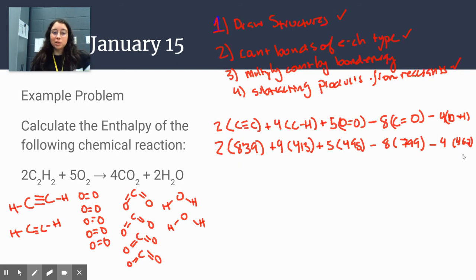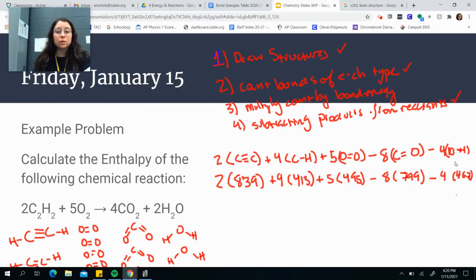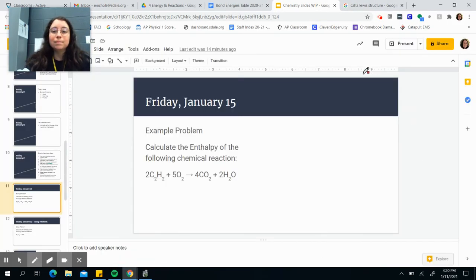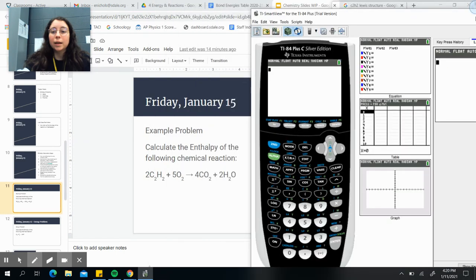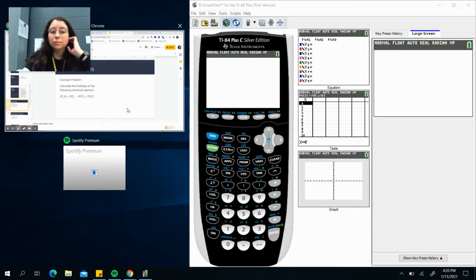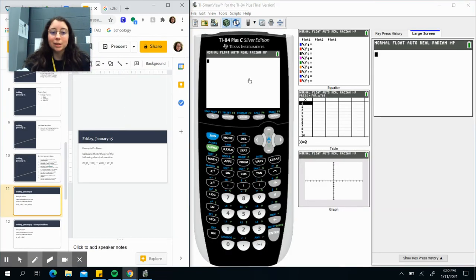Okay, and I punched this all in the calculator in one line, so I'm going to show you guys how to plug this in. I'm going to pull up my calculator and plug in exactly what I had.